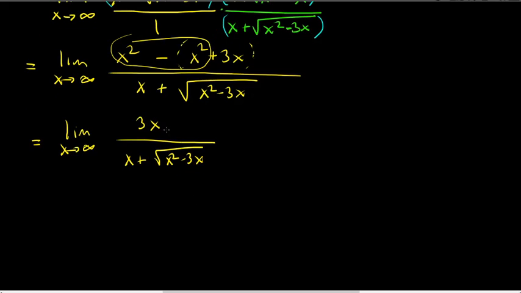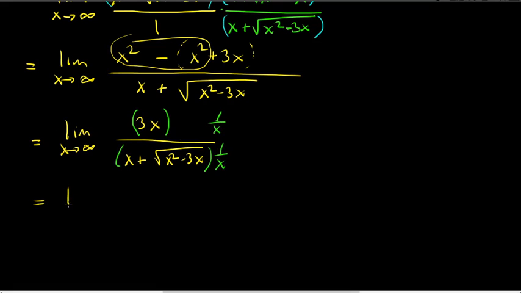And even now, we're still kind of stuck, because it looks like infinity over infinity. It's still an indeterminate form. So one more technique that you get used to: you multiply by 1 over x, since the biggest power in the denominator is x.